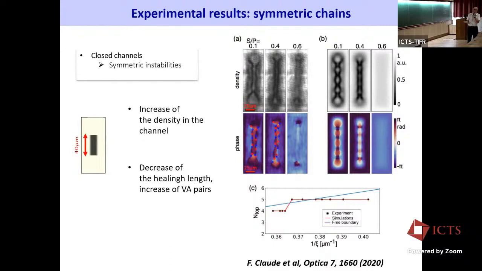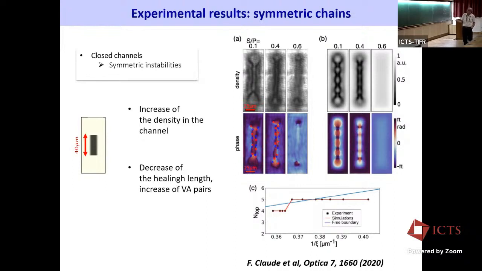So we have this channel which is surrounded by a very high density region here, and increasing the density in the channel, we can decrease the healing length of the fluid, and then we can increase the number of vortex anti-vortex pairs that we observe.